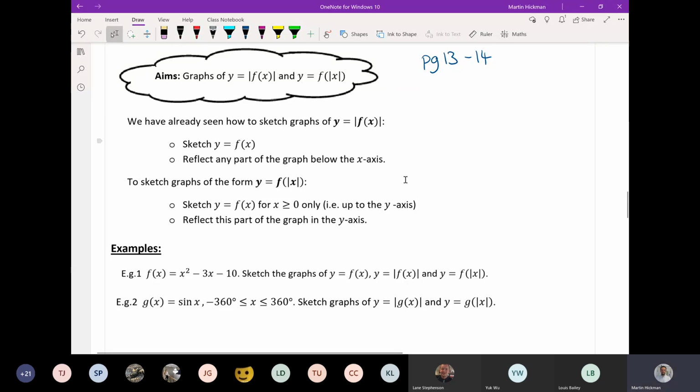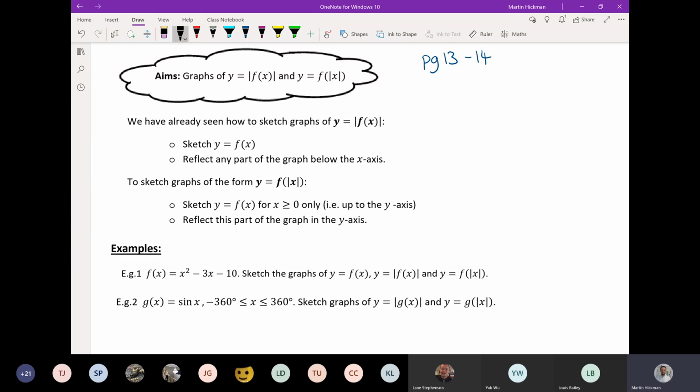To sketch graphs of the form y = f of the modulus of x, for x greater than or equal to 0, we just sketch that graph as normal. Everything to the right of the y-axis is just going to look as it normally would, because if you put in x = 1, the modulus of 1 is still +1. So the graph is still going to look the same. However, on the left-hand side of the y-axis, when you put in -1, you are now putting in +1.